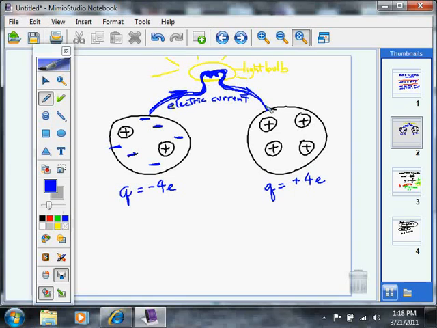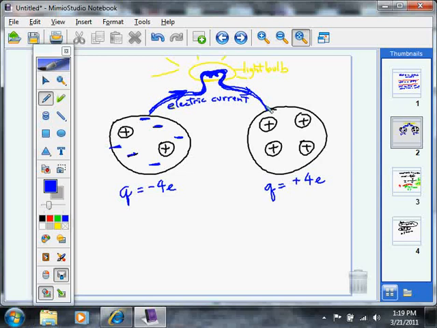Now, would this current flow forever? No, it would be very short-lived. Basically, as soon as those 4 extra electrons go over, both charges would be neutral, current would stop.